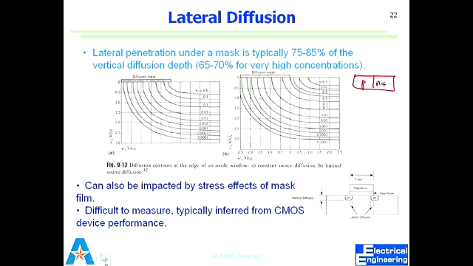The simple reason is that diffusion occurs in all directions. If I'm exposing a square part at the top and I've done pre-dep, they're going to go everywhere. Not just X, they can go into the Y-axis as well, and Z.